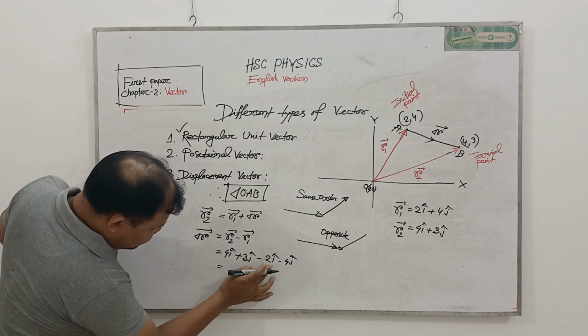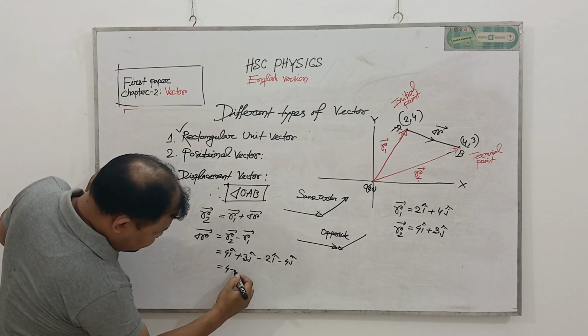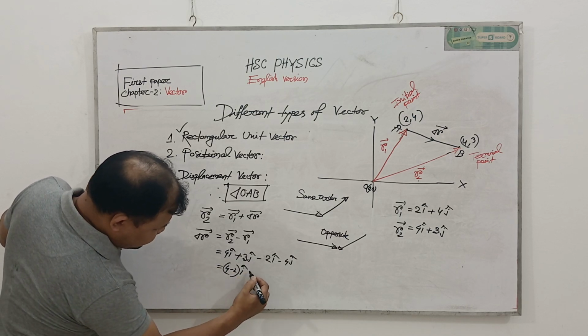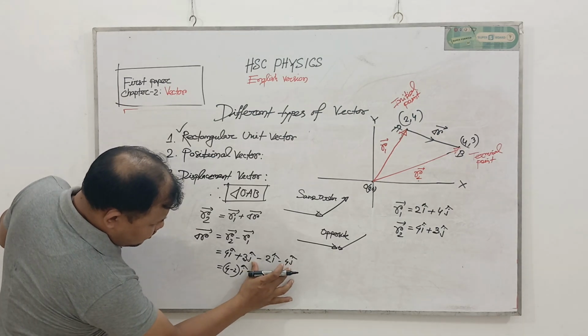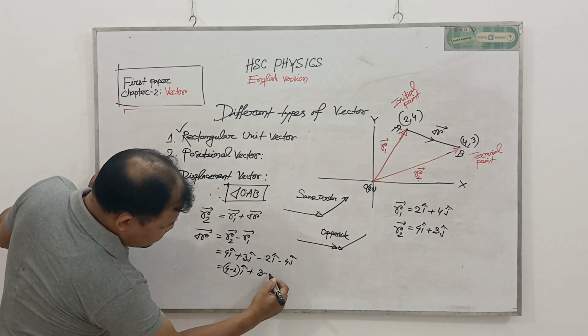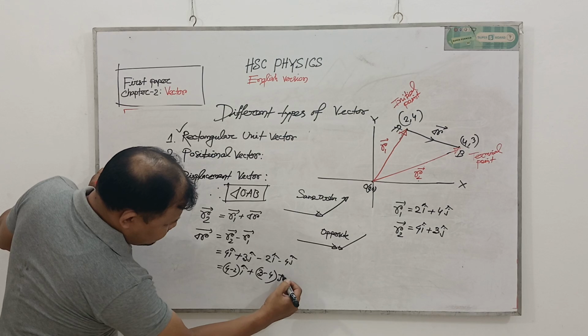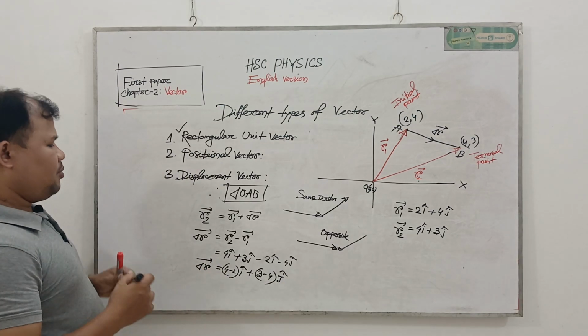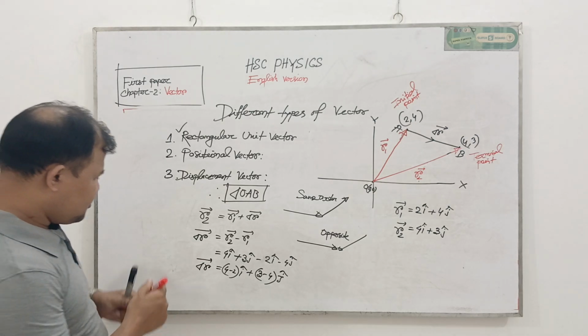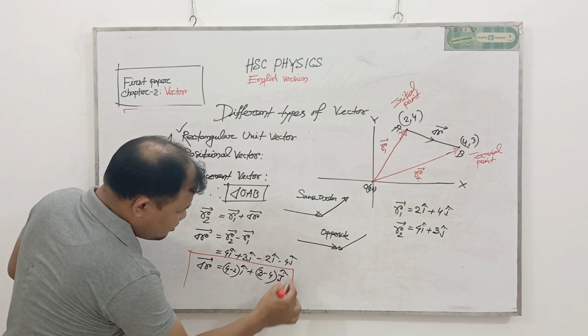If we take i cap common, then we get (4 minus 2) i cap plus, if we take j cap common from these 2 parts, then we can write (3 minus 4) j cap. My dear students, this is the special rule to find the displacement vector.